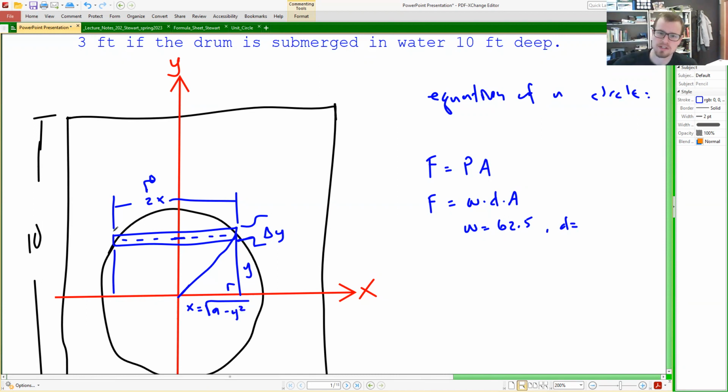So our total distance here, our width of this rectangle, is going to be given by 2 times the quantity, the square root of 9 minus y squared. So I get this as our width, and our height is the change in y.